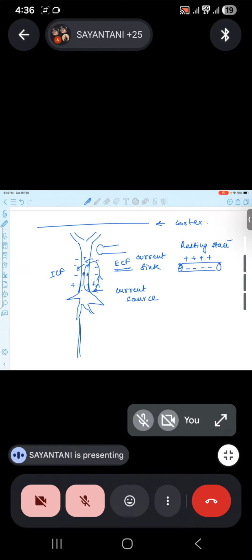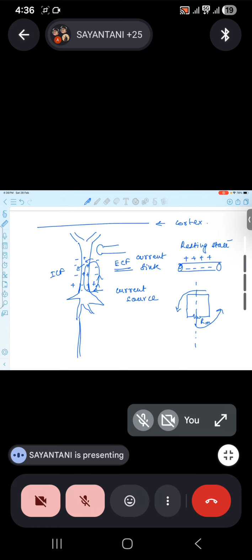So if I'm going to draw the circuit, it looks something like this. The current is entering from here and leaving over here, and this is basically the separation of your membrane. There is a resistance created at this membrane, which is referred to as the membrane resistance, Rm. So this is how a local circuit has been created and a current is flowing in this path.